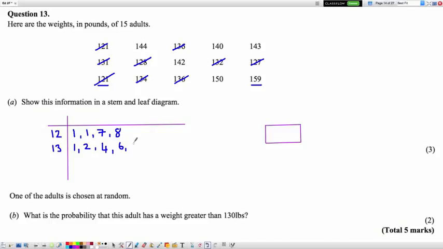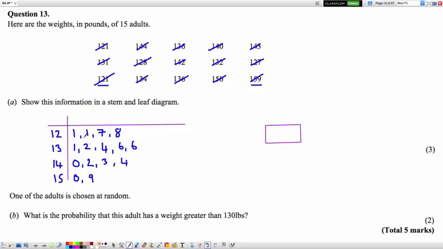So 6 and 6. For 140, we have a 140, so 0. We have 142, 3, and 4. For 150, we have a 150, so 0 here, and then lastly 9.